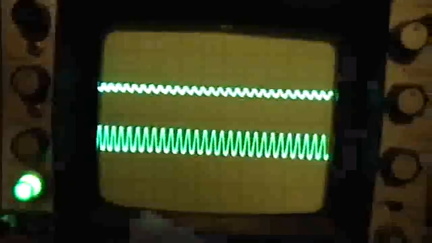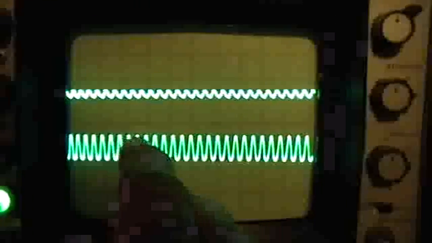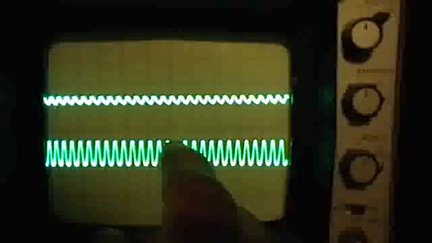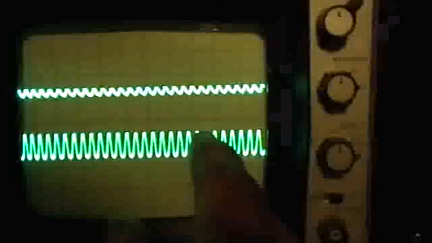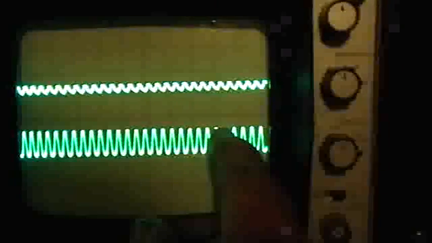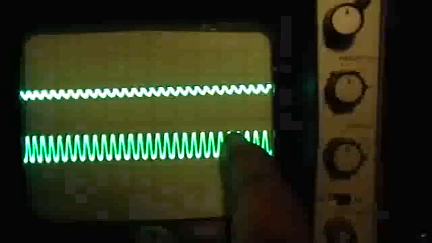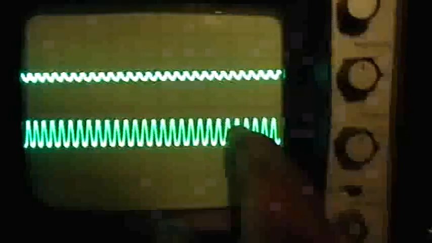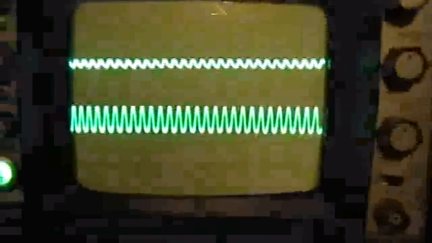So let's crank that on down and take a look at those oscillations. Okay, so right there, now we're at 1 microsecond per division, and we count 1, 2, 3, 4, 5, 6, 7, 8, 9, 10, 11, 12, 13, 14, 15, 16, 17, 18, 19, 20, 20 and 2/3 cycles in 8 major divisions, or 8 microseconds.